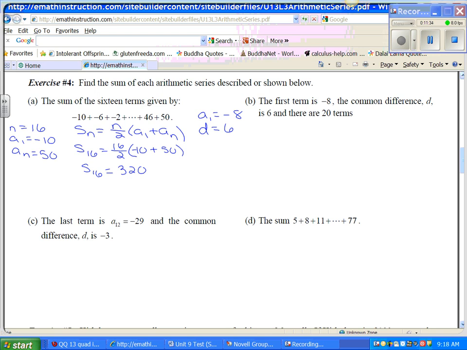What's that? N. Do I have all the information? Here's my formula. What am I missing? I'm missing a sub n. Kind of need that, don't I? So how can I find a sub n?